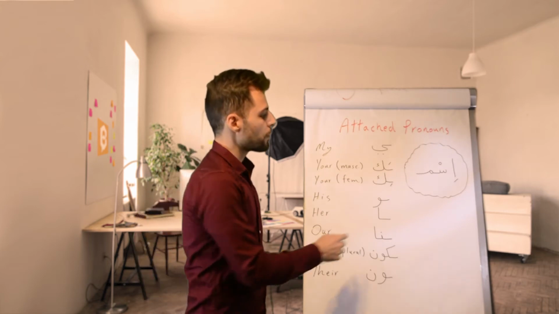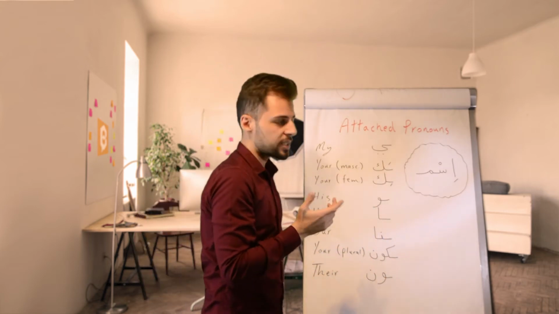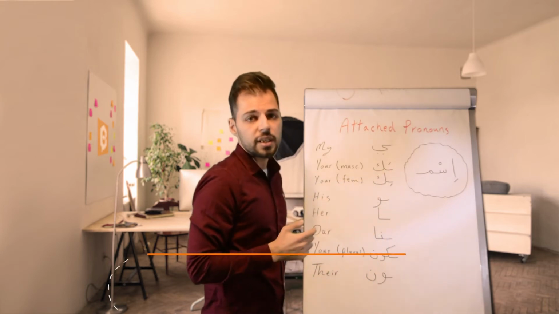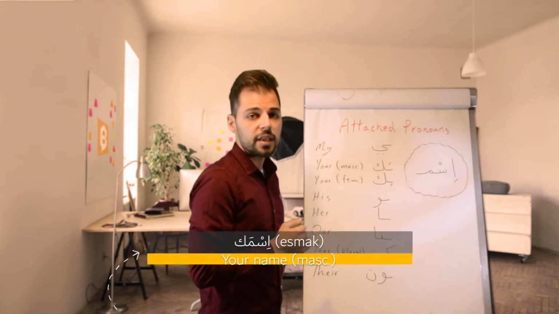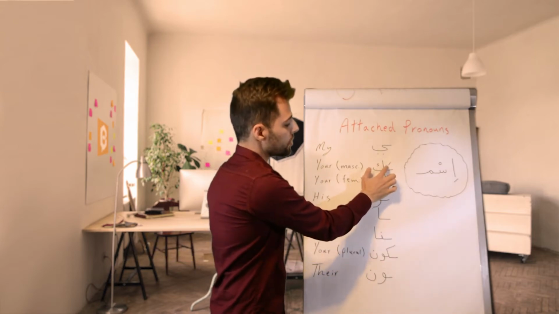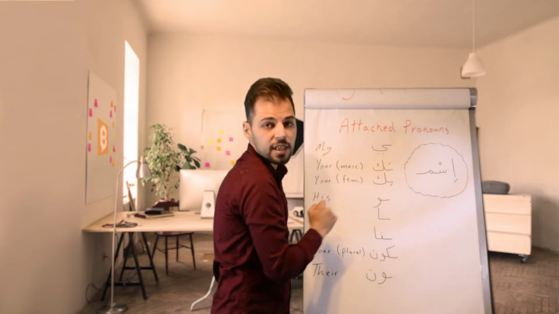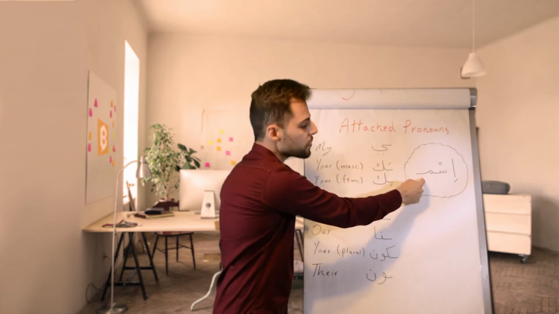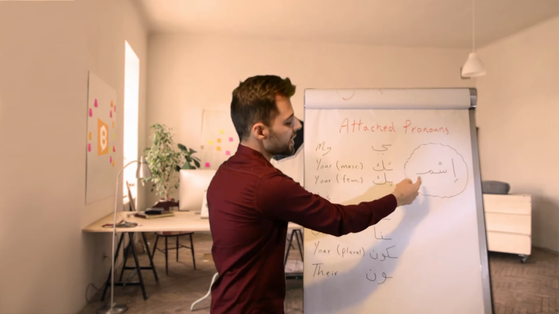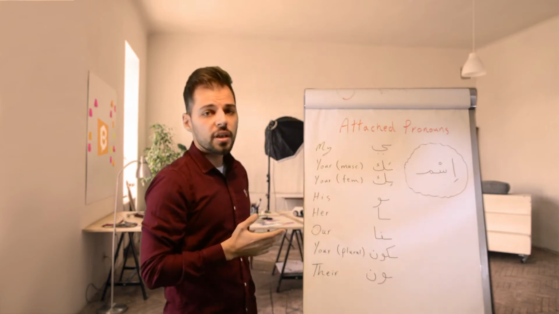For example, ism means name. If we add the kaf to it, it's ismak. Note that we add the sound fatha to the last letter, which is meme. So it's ismak. Your name.